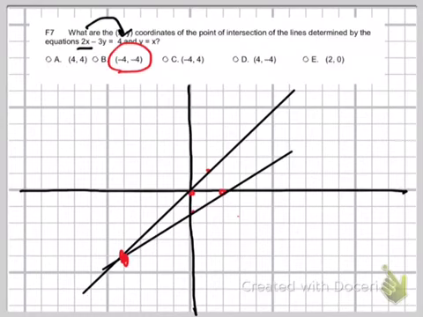And I said negative 3 divides into 4 negative 1.3, so I put a point on my axis at negative 1.3 and drew my line. For y equals x, my y-intercept was 0, my slope was 1, so I drew my other line. And I know they're going to meet in the third quadrant, so it would have to be B, negative 4, comma, negative 4.